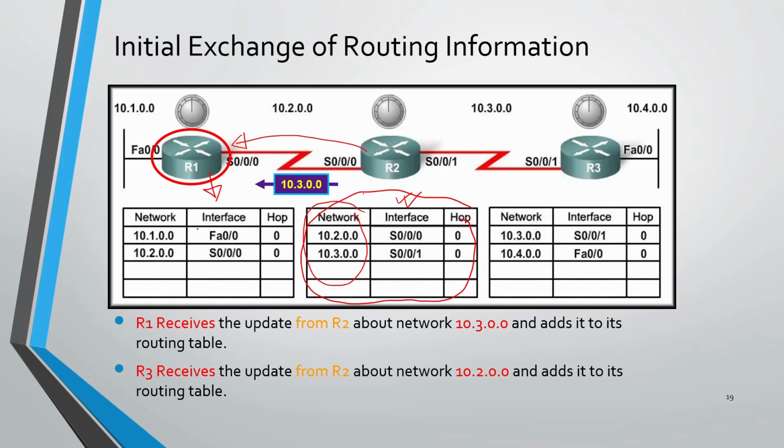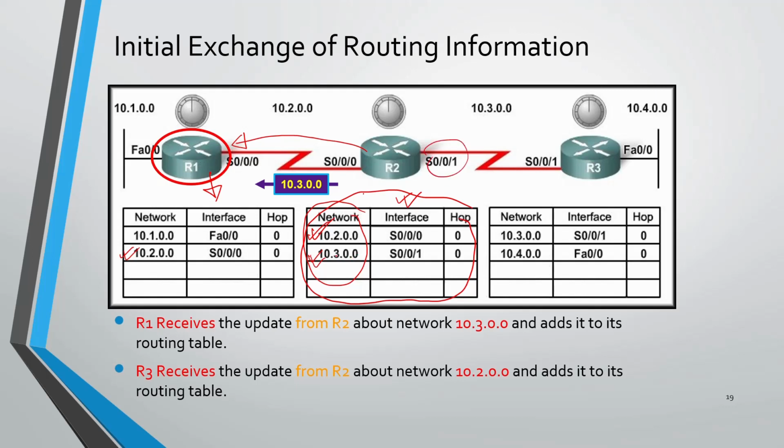Already known. The only unknown is 10.3.0.0. 10.0.0.0 is already known because it is in this network where router R1 is also present. So this is not new information for router R1, so it will not be entered here because it is already there. But new information pops up about the 10.3.0.0 network, which is this one.